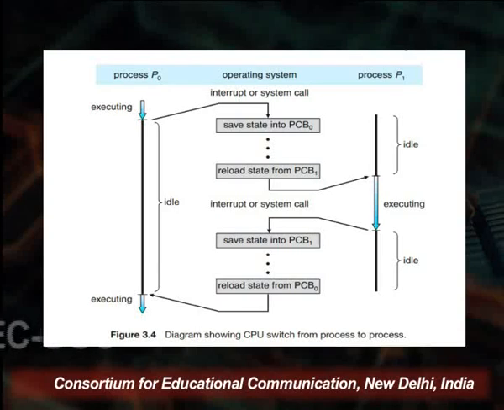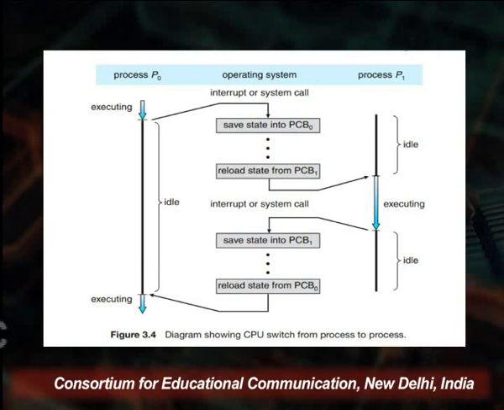Then after some quantum of time, again there is an interrupt or system call, and this execution of P1 has been interrupted. As the execution has been interrupted, the state has been saved in PCB1, and now P1 is in the idle state, as you can see in the figure. After this, there is a reload of process P0, and we again need PCB0 from which we are going to reload the state.